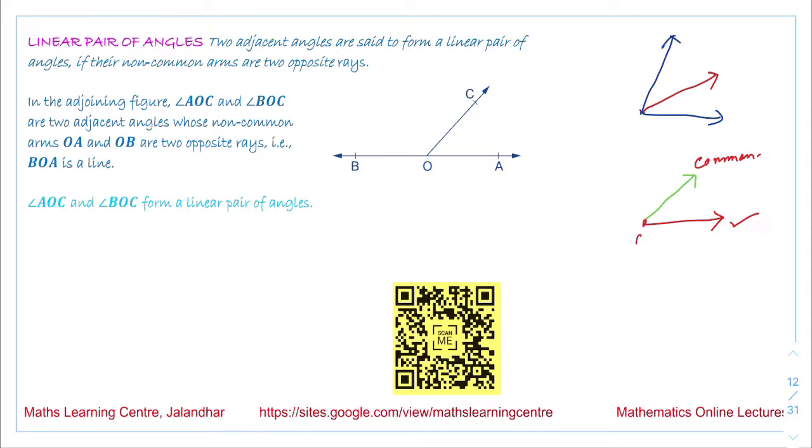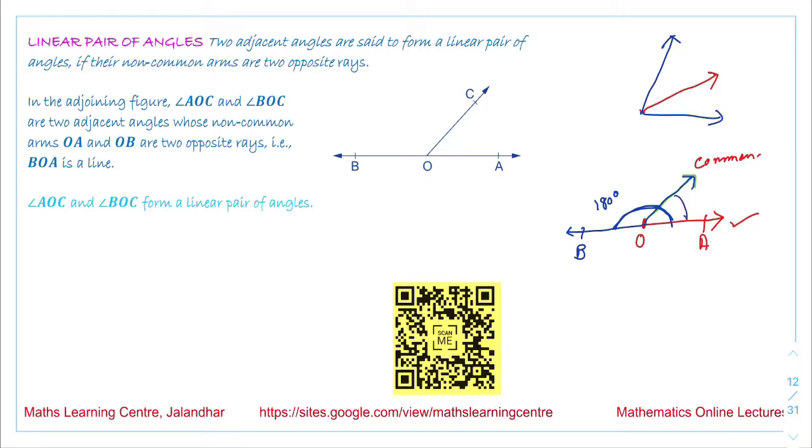It means if this is the ray OA, the opposite ray has its vertex at O but is in the opposite direction. So we draw that arm like this, this is B. It means this total angle over here is 180 degrees. This is the common arm.